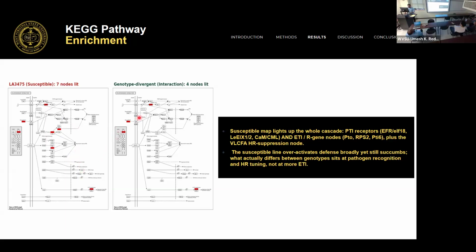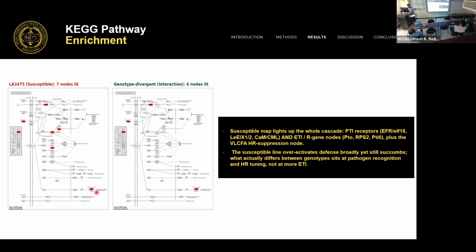Coming to the right figure, here we can see only the primary immunity triggering receptors are active, along with the same CAM, the calcium ion one, and the basic fungus recognition factors. And there is a complete absence of effector-triggered immune response, ETI, which has been the key case in the susceptible line.